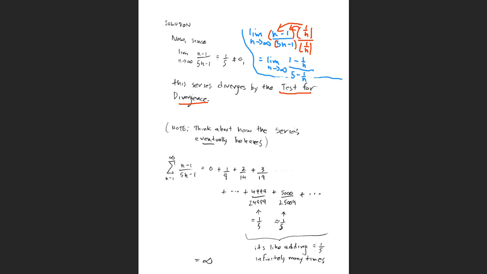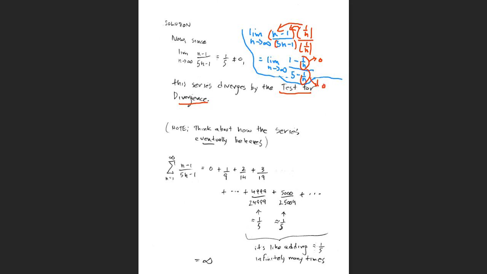And this is what we'll get. Now, clearly, as n gets large, the 1 over n terms go to 0. They approach 0.